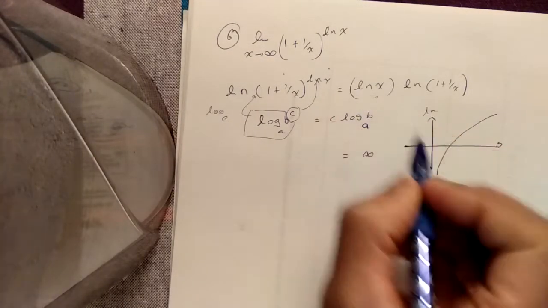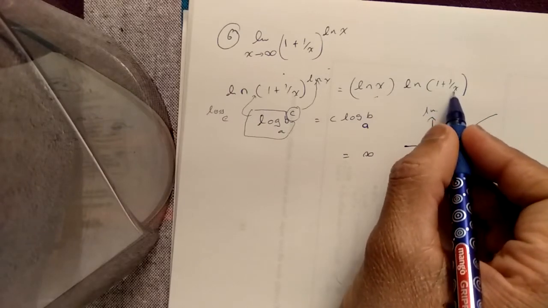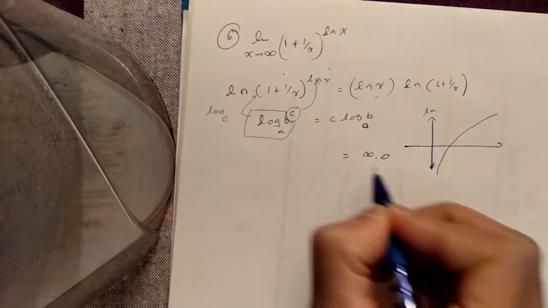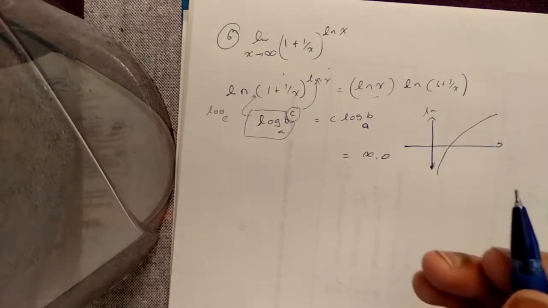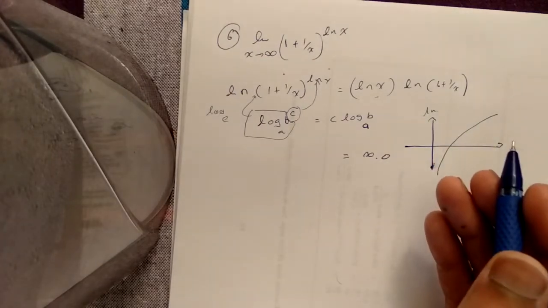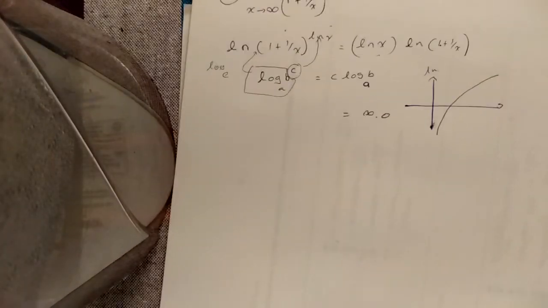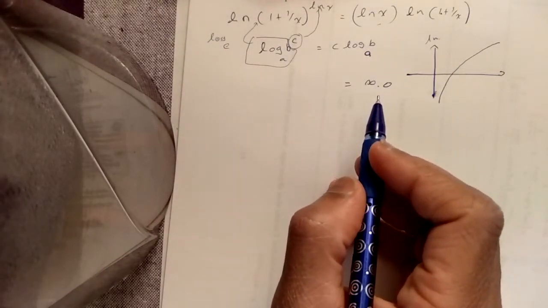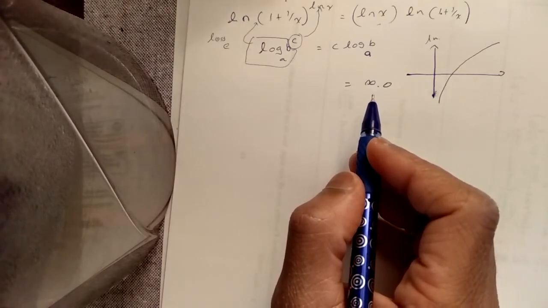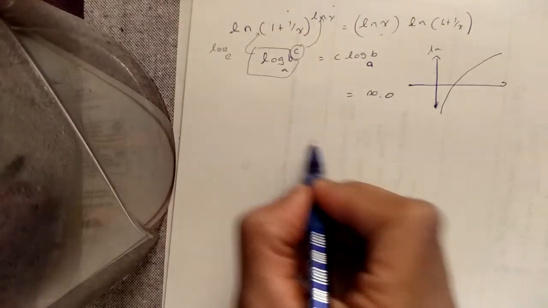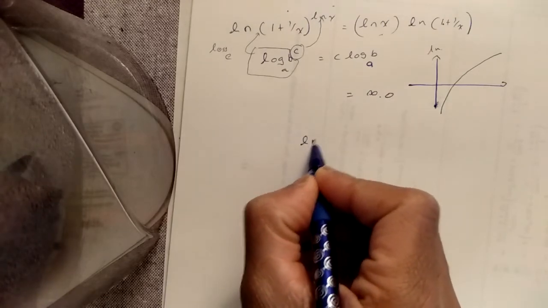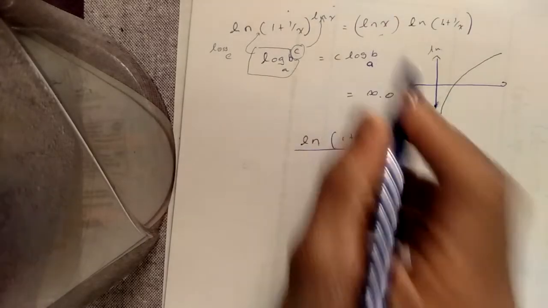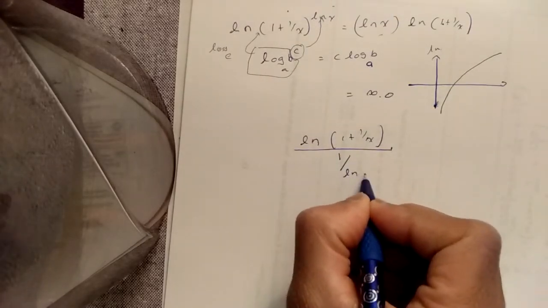So this becomes infinity, and this term will be 0, since ln 1 is 0. That means you have come to an indeterminate state, and we can see whether we can apply L'Hopital's rule. To apply it, we should make some rearrangements. We can have the denominator to be 1 over ln x.